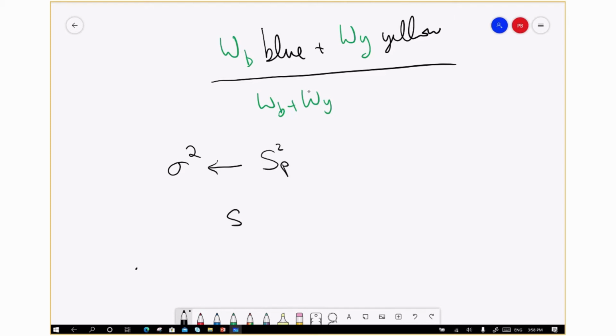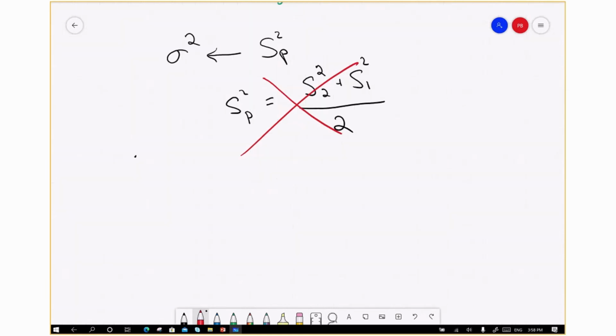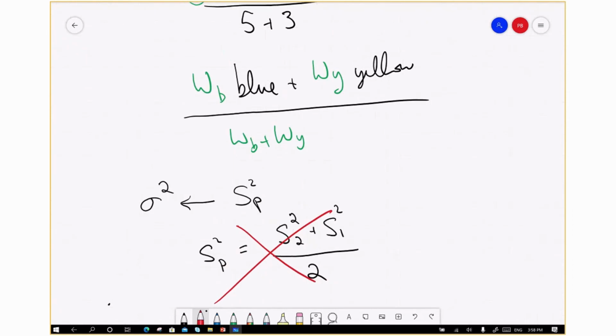But S squared P is not going to be a simple average of the first variance and the second variance estimate divided by 2. Nope, we're not going to do that. What we're going to do is have a weighted average, just like we did up here. We can do something very similar to this.